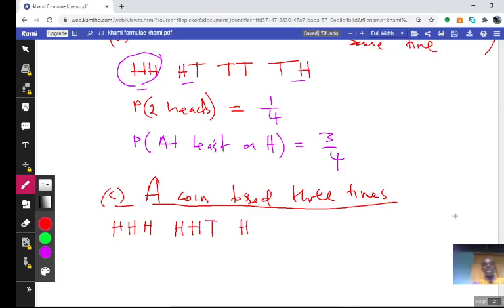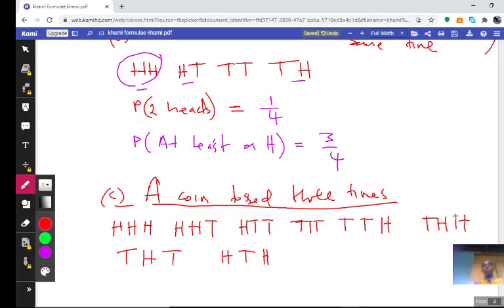Or you can get head, tail, tail, or tail, tail, tail, or tail, tail, head, or tail, head, head, or tail, head, tail, or head, tail, head.